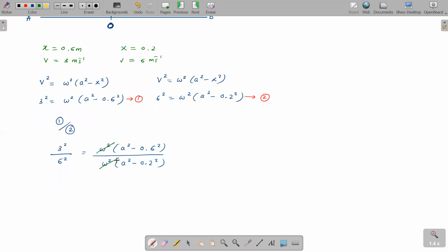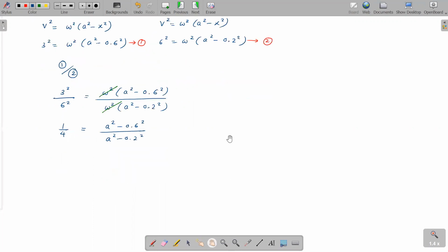That's the whole reason we divide, so that the omega squared cancels out and you get an equation only in terms of A. So 3 squared over 6 squared, we can make into a simpler value. How much is it? 3 squared is 9 over 36, which is 1 over 4. So 1 over 4 equals (A squared minus 0.6 squared) over (A squared minus 0.2 squared).